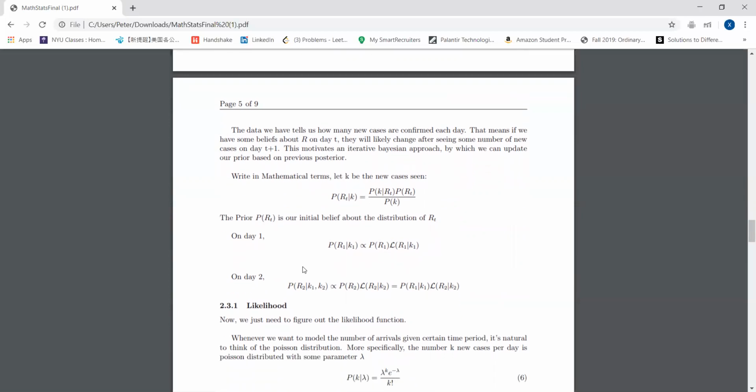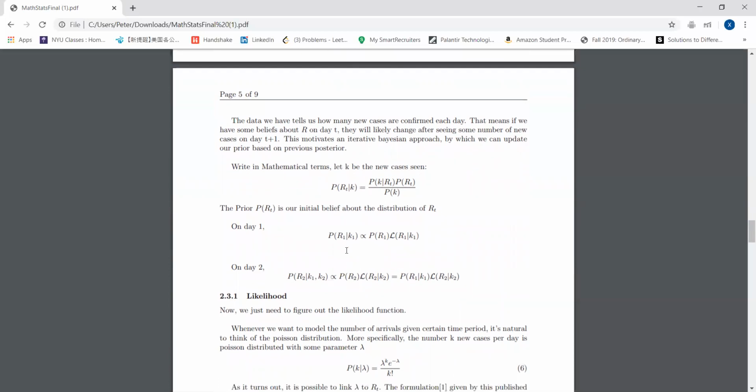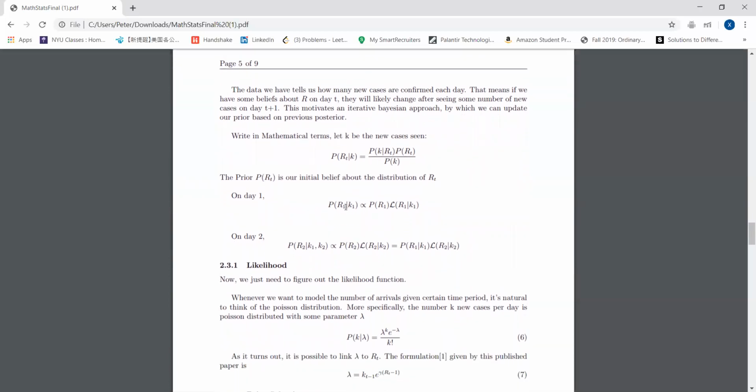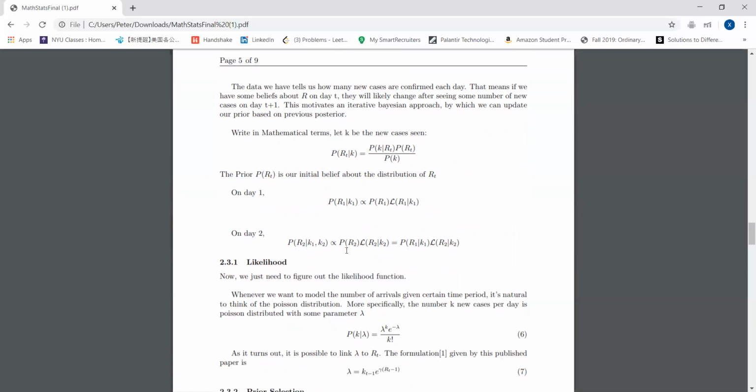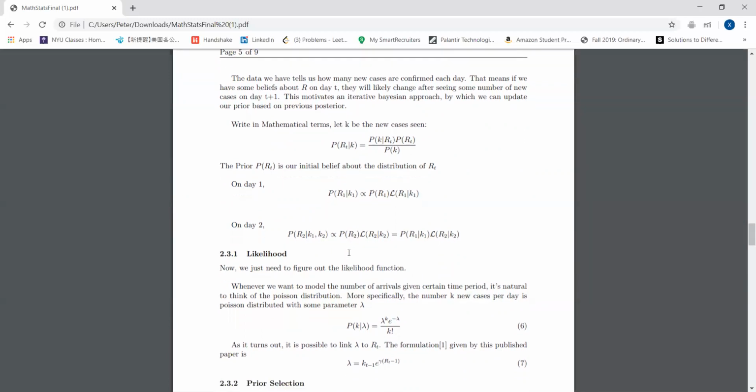Putting this in mathematical terms, this is just Bayes' rule: the posterior that we get from day one, the distribution of R naught after we have seen the first day's data, can be used as the prior for the second day's posterior calculation. So we can iteratively update our prior like this.